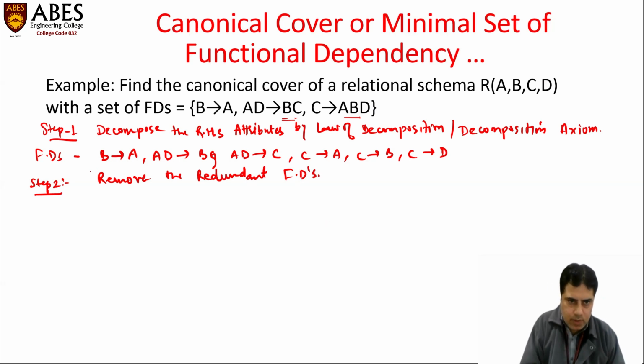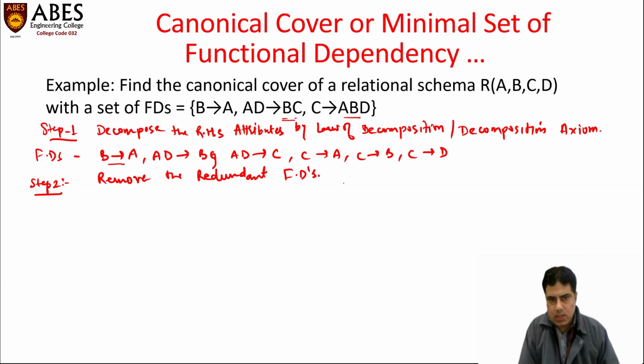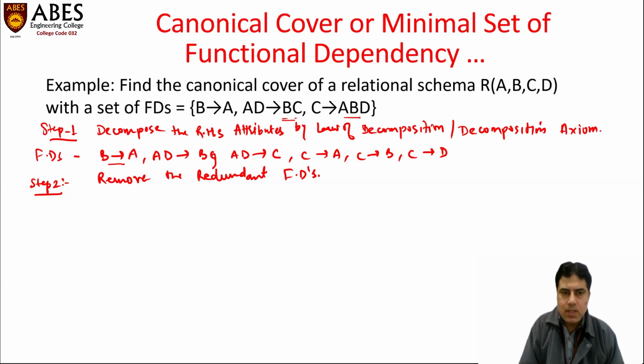Redundant means one by one, we will remove each functional dependency and then check, is it preserved by the remaining functional dependencies? If we can hold this functional dependency through the remaining functional dependencies, then we can remove this.